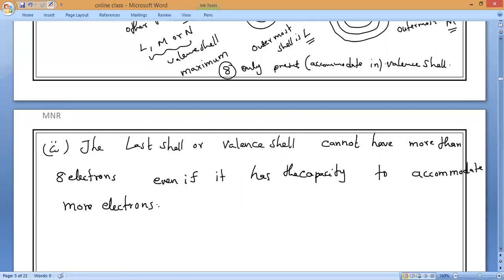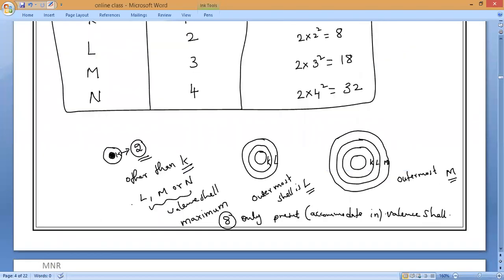So what do you mean by that? See, for example, if I take M shell, what is the maximum capacity? Everybody, what is the maximum capacity? 18. But if M is the valence cell, what is the maximum? Only 8 electrons. Understanding? So their original capacity is different.